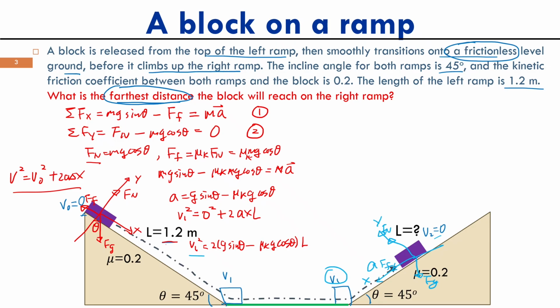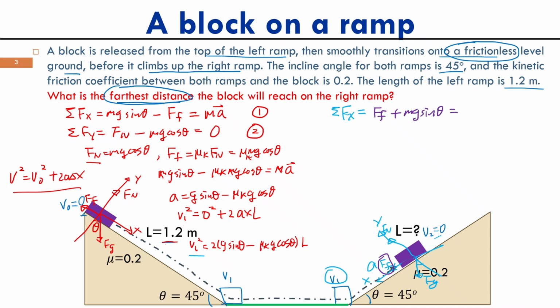And I can do Newton's second law again. So if I look along the horizontal direction, sigma Fx equals, I have a kinetic friction force here. I also have a component from gravity. So I got Ff, in this case, plus mg times sine theta, right?